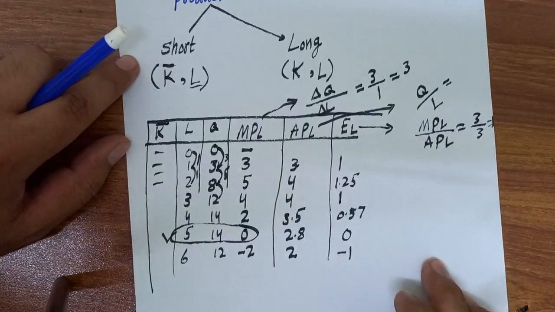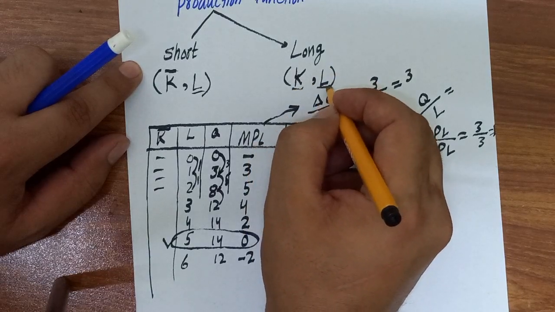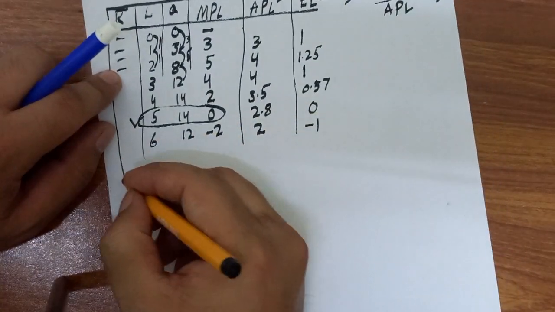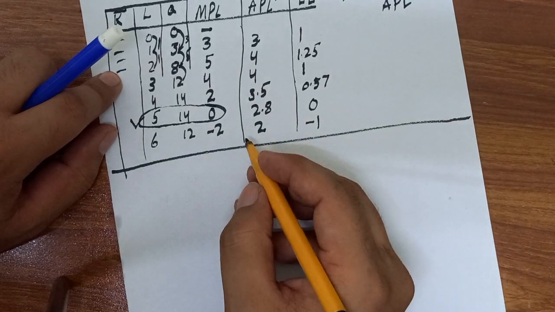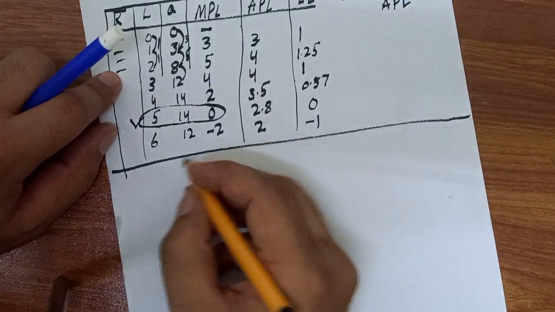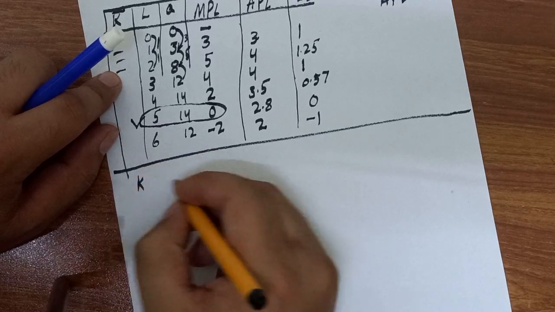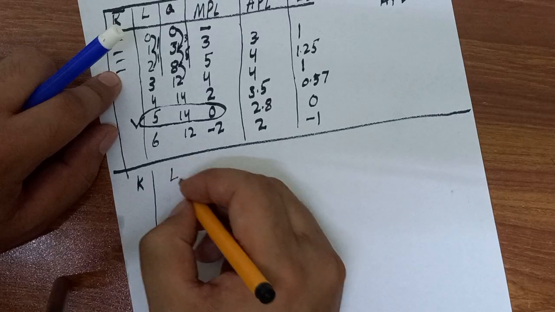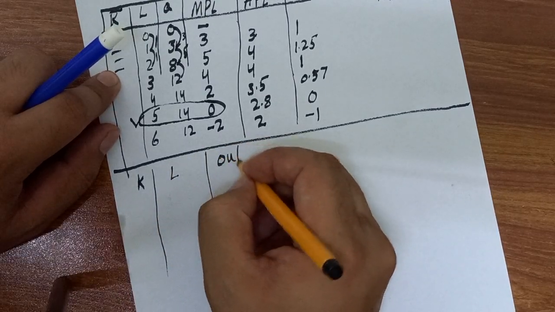For long term we are changing both the capital as well as the labor. For long term we have change in capital, we will also have change in labor, and the output will be the same.